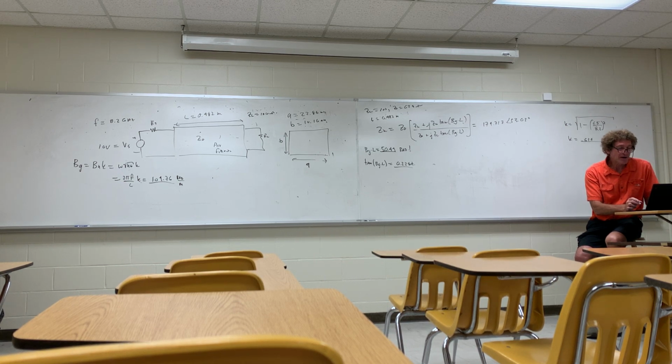Well, I got 149.204 minus J 432.532. Is that what you guys get? I got that one last night. How many got a magnitude of 457.532? Did you not get that?